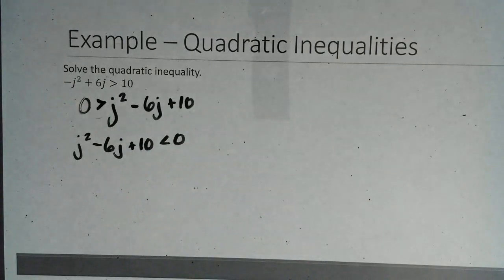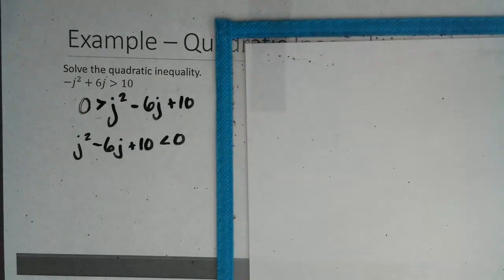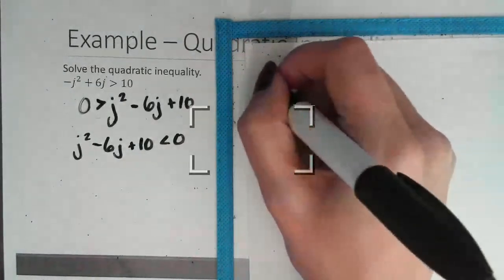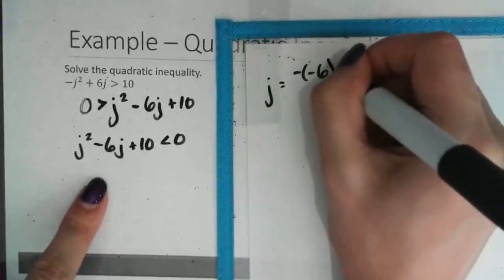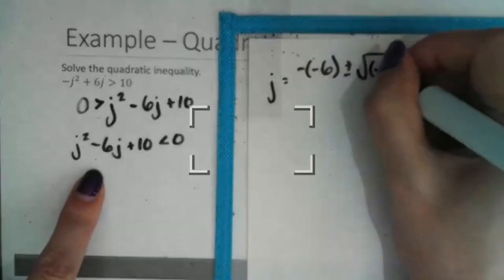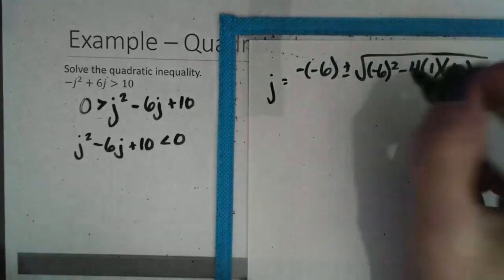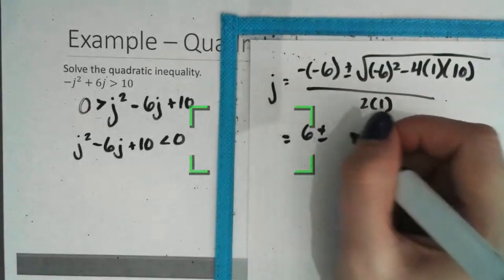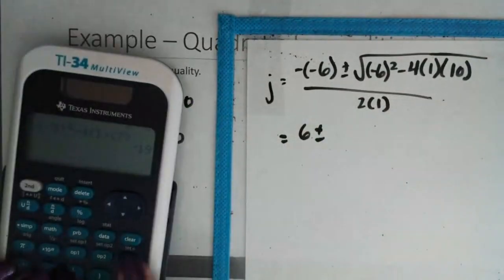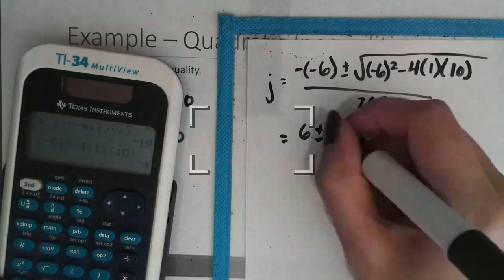Going into pretend world, I make that an equal sign. I just need to solve it. That one's not going to factor either, so jumping to our quadratic formula, j is equal to negative negative 6 plus or minus the square root of negative 6 squared minus 4 times 1 times 10, all over 2 times 1, that is a positive 6 plus or minus the square root of negative 6 squared minus 4 times 1 times 10, the square root of negative 4.